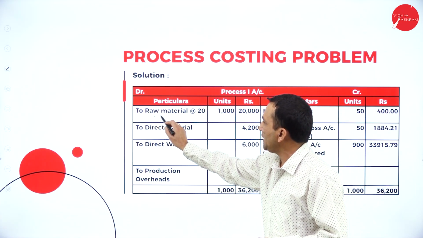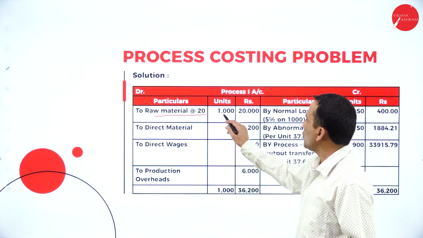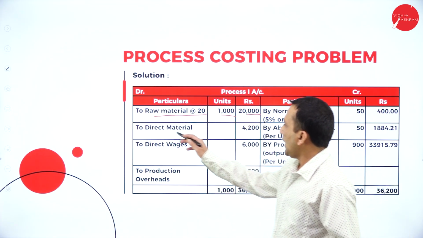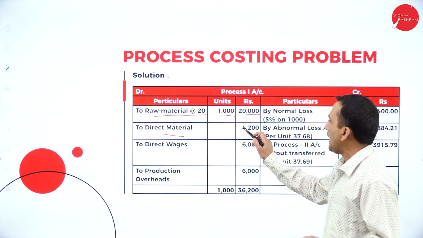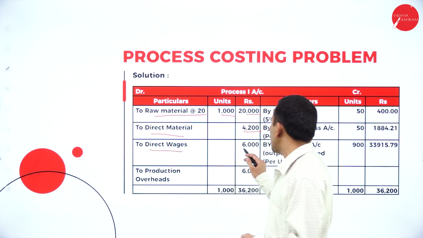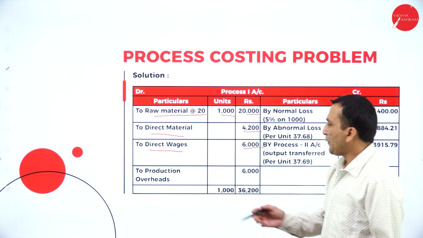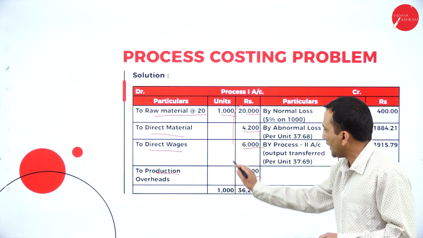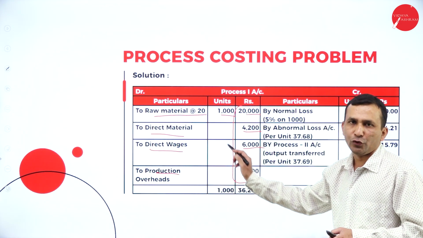First, raw material at the rate of 20 means 1000 units into 20 is 20,000, and the direct material cost is 4200, the direct wages 6000, and production overheads 6000. If you add them together, you get the total input value.